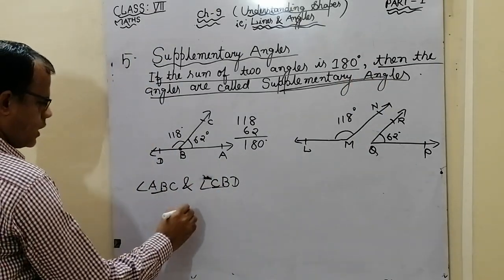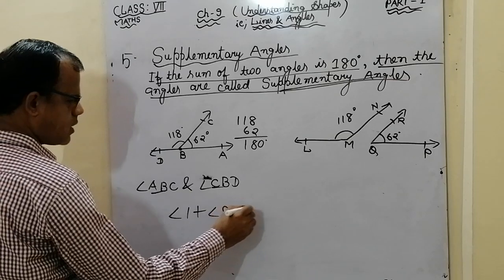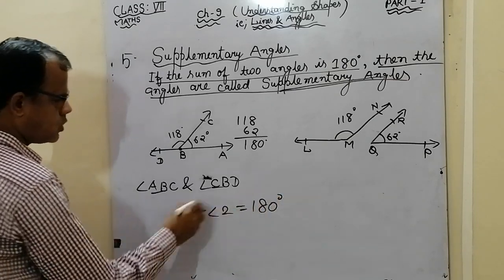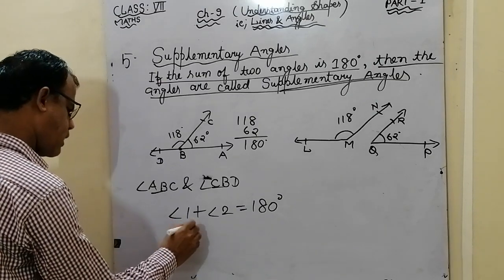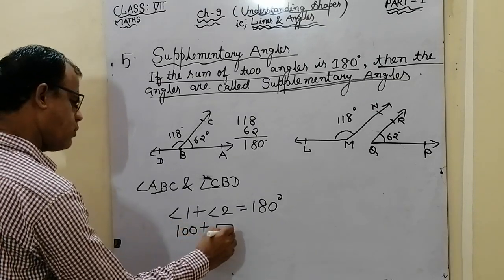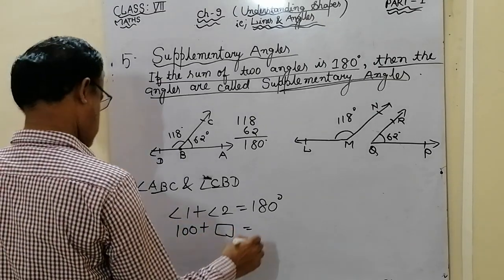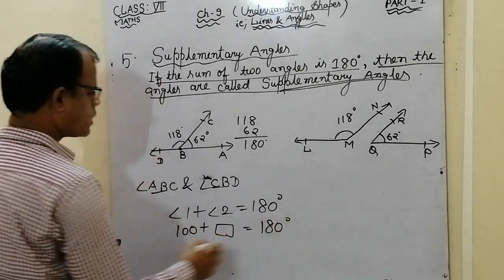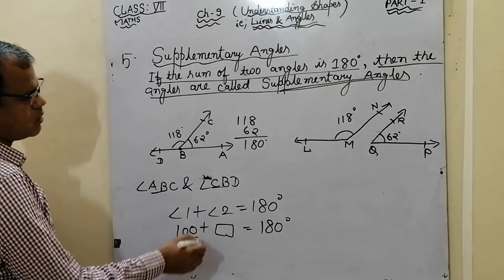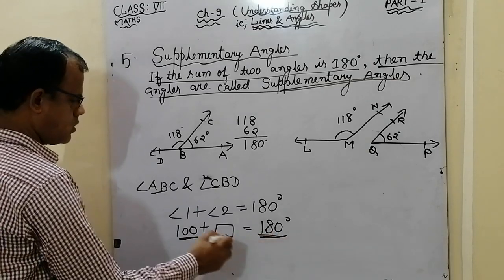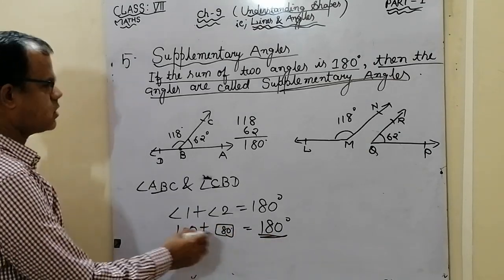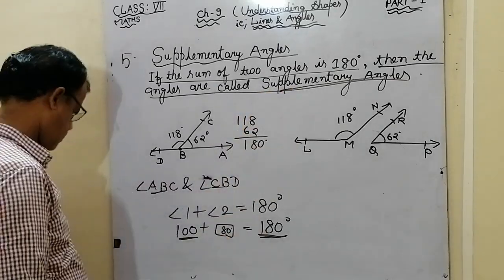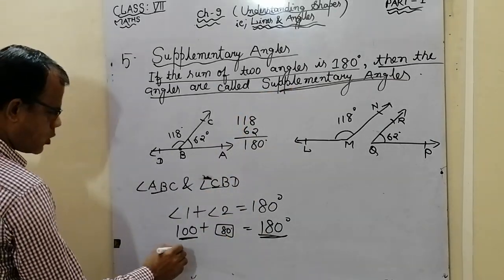So if we have two angles and their sum is 180 degrees, then both the angles are supplementary angles. Suppose one angle is given as 100 degrees and we have to find the other angle. What number should be added to this number so that it becomes 180? Obviously 80 degrees. So 100 and 80 are supplementary angles. Take some more examples.